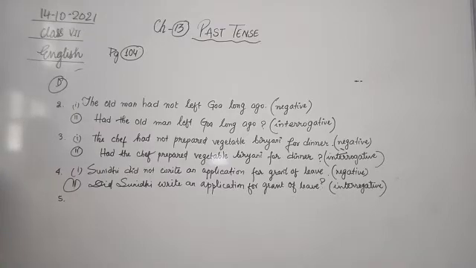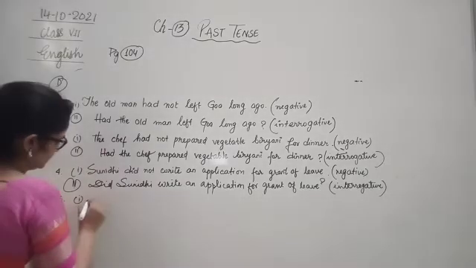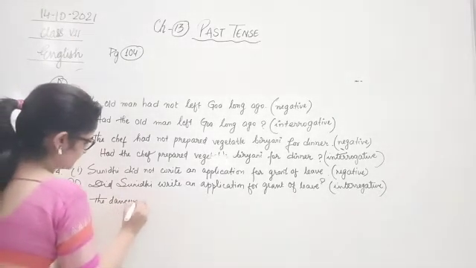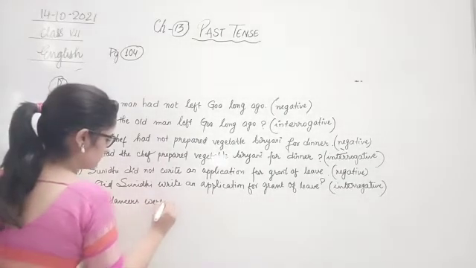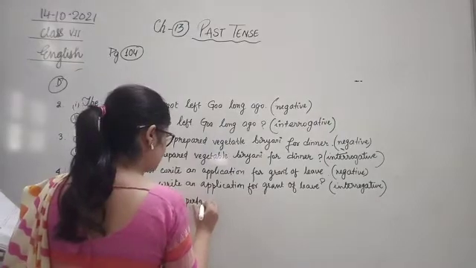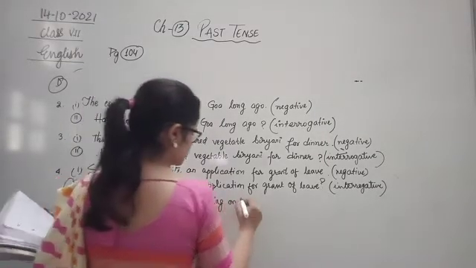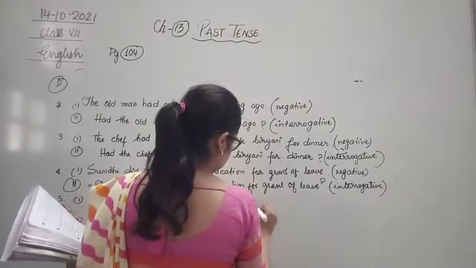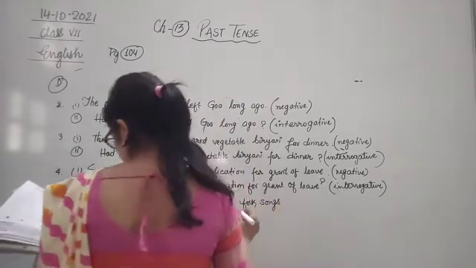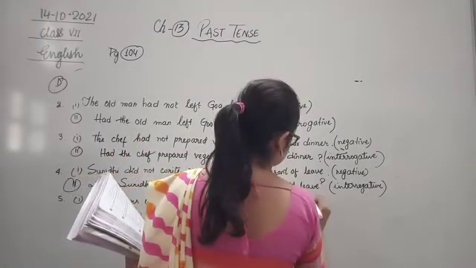The dancers were performing on folk songs. The dancers were not performing on folk songs. Yes, this one, children, is in negative.